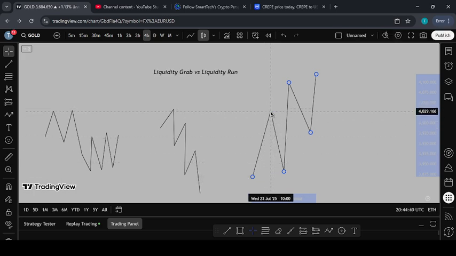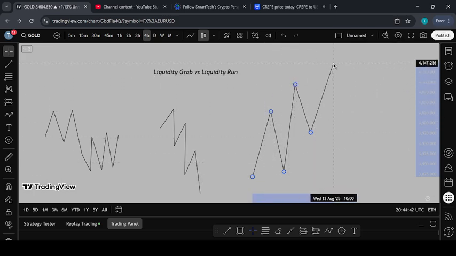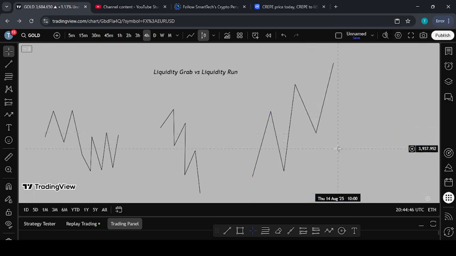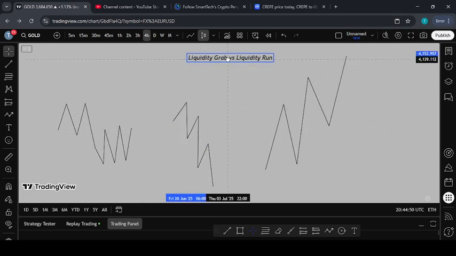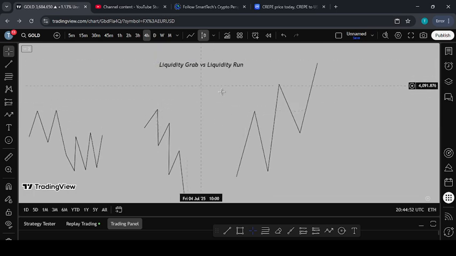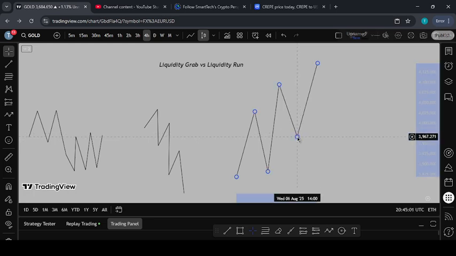Those are where liquidity is always resting, and we differentiate internal liquidity from external liquidity. You know that price moves from internal to external and external to internal. But when we're talking about runs or grabs, we're talking about the liquidity that's usually resting above extreme highs and extreme lows.